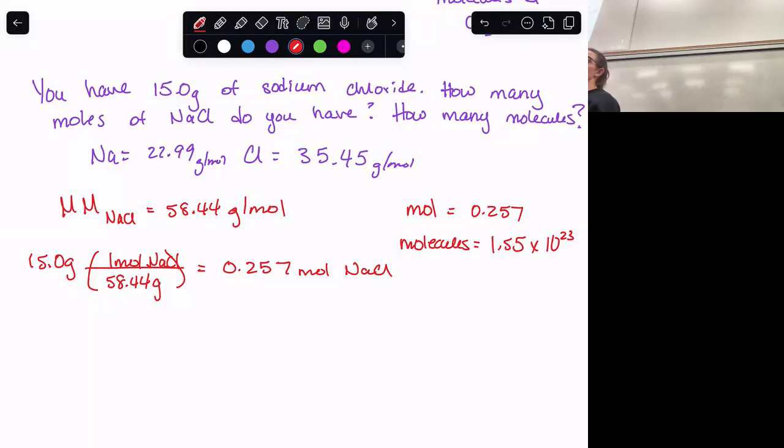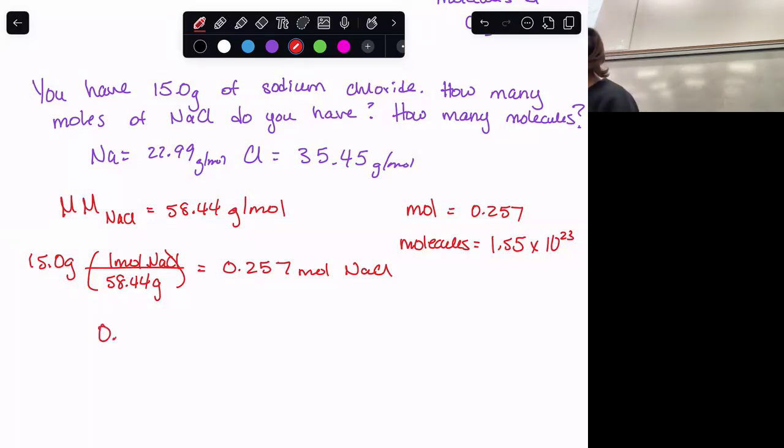And then the same thing, you can do that mental check for your number of molecules. So once we have the number of moles, what are we doing in order to get to molecules of sodium chloride? Multiply by 6.022 times 10 to the 23.